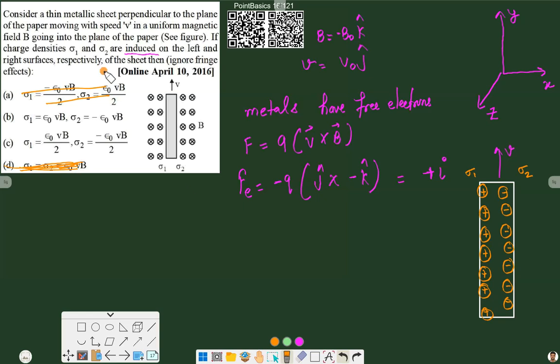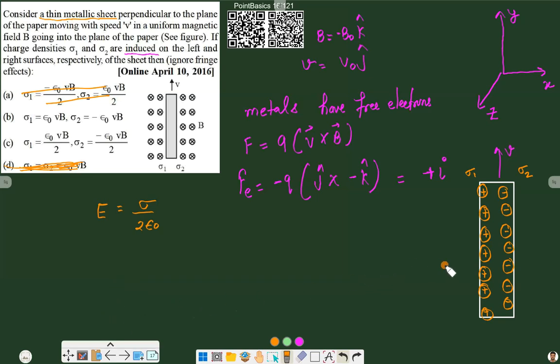Now coming to the value, what will be the value of these sigmas? As mentioned in the question at the start, it is a thin sheet, and for a thin sheet we know the electric field outside of that thin sheet is given by sigma by 2 epsilon naught.